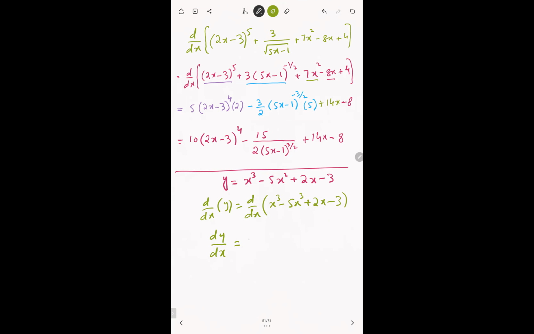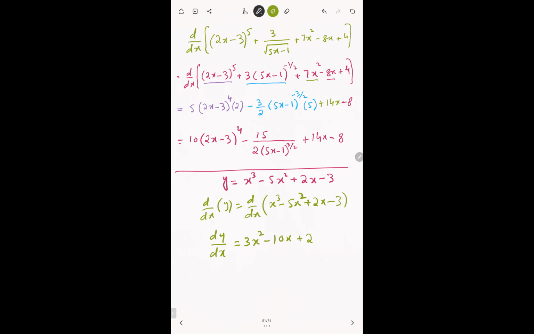And here you differentiate the other terms just like before. The differentiation of x cube is 3x square. Sorry, that was not x cube, that was x4. No, this is 5x square. Okay, the differentiation of x cube is 3x square, minus 5x square is minus 10x, plus 2x, the differentiation is 2. The differentiation of minus 3 is 0.